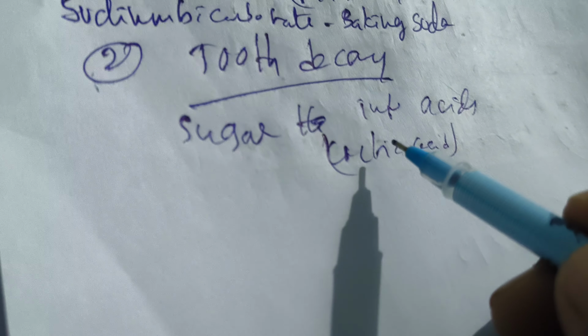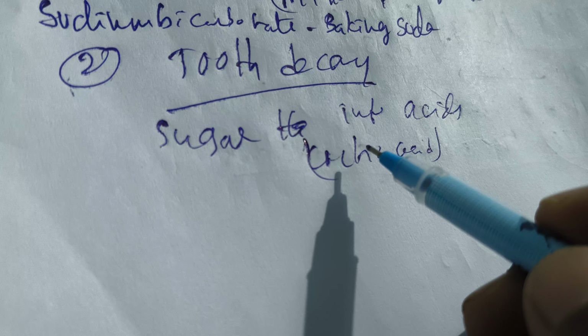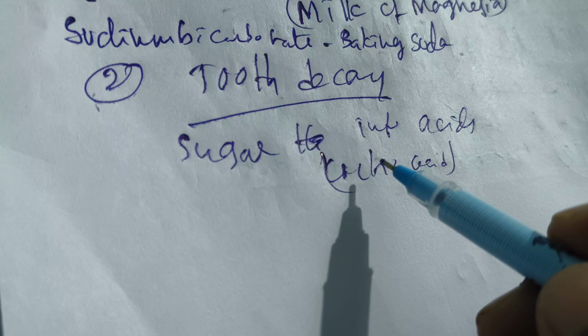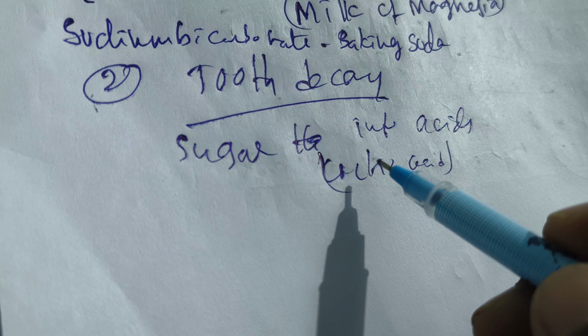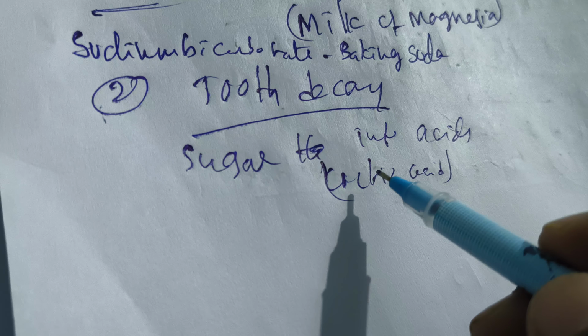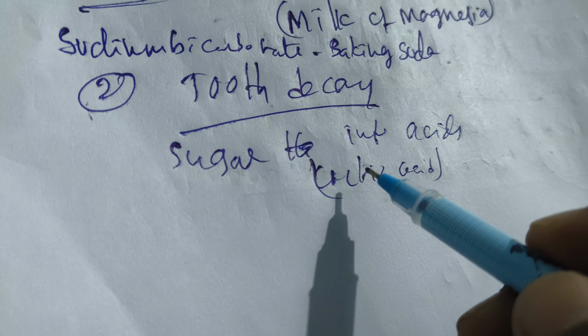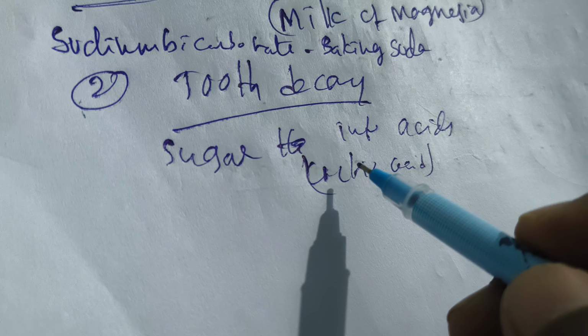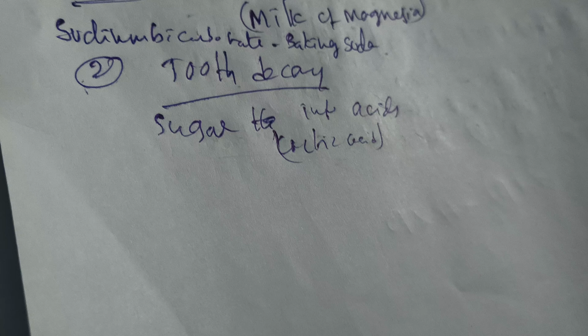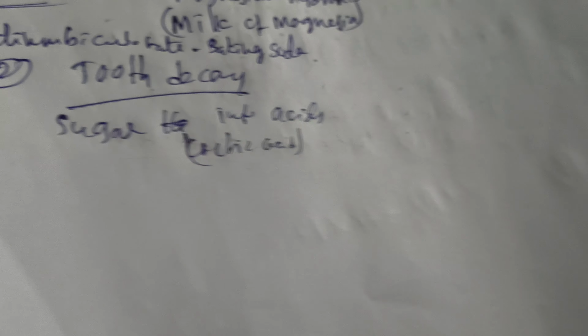Such as lactic acid. This acid is formed in the mouth after sugary food has been eaten. This acid lowers the pH of the mouth, making it acidic. Tooth decay starts when the pH of the acid formed in the mouth falls below 5.5.